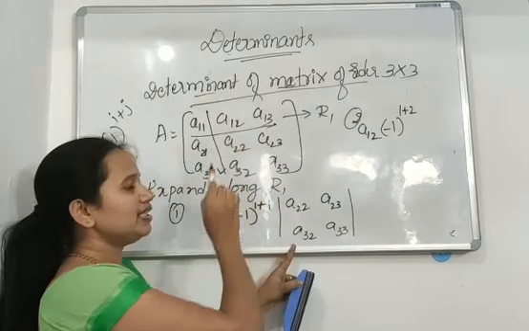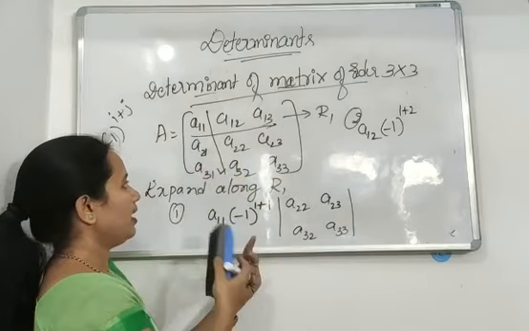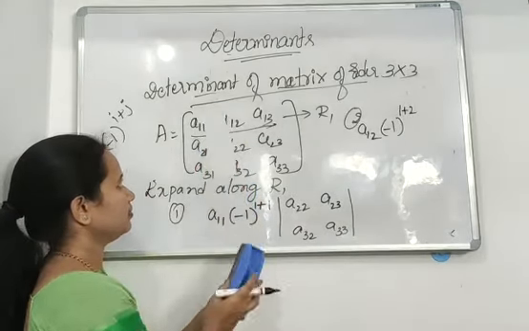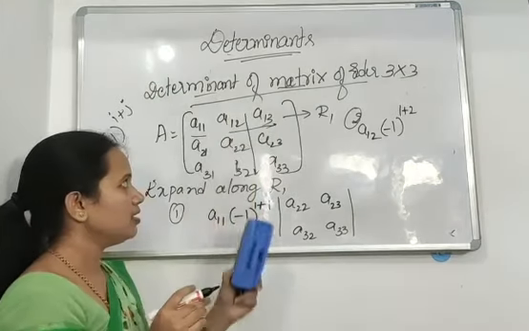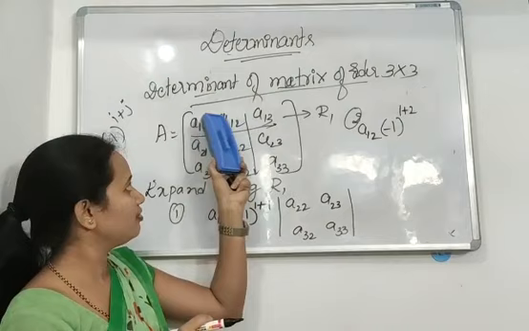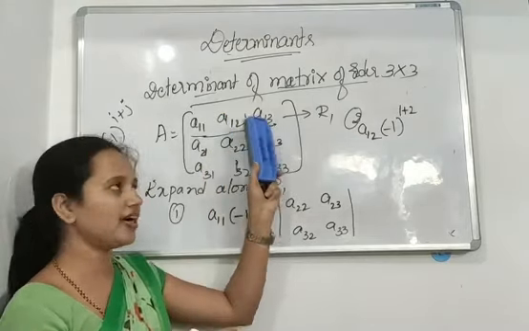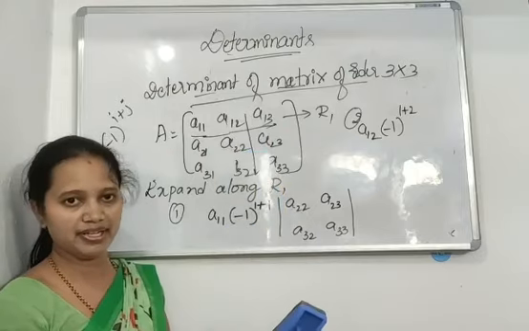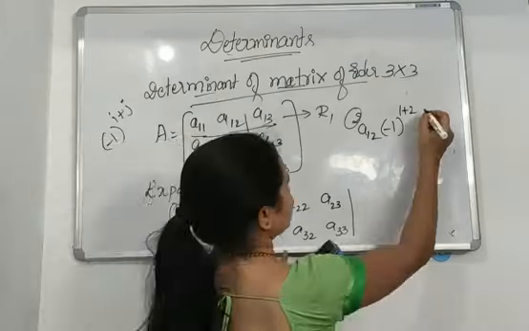So A12 lies in the first row and second column. Delete the first row and second column elements and you will be left with 4 elements. Consider those 4 elements.